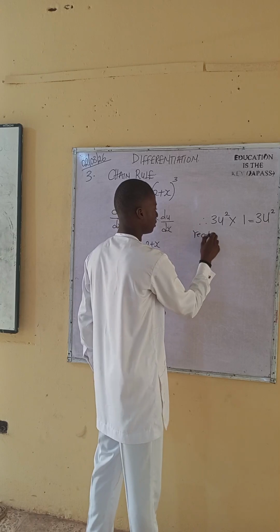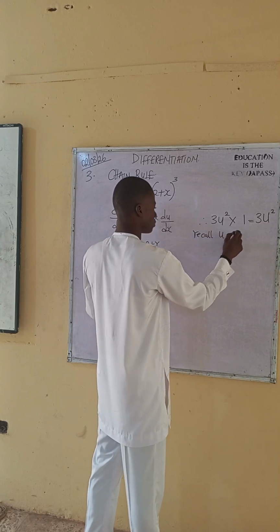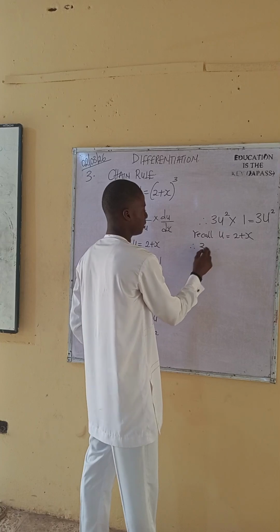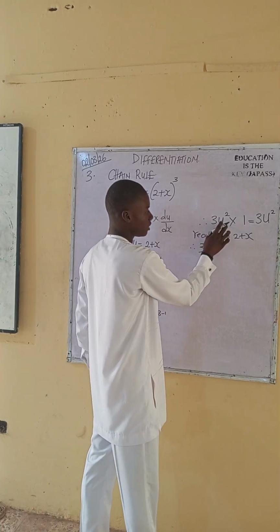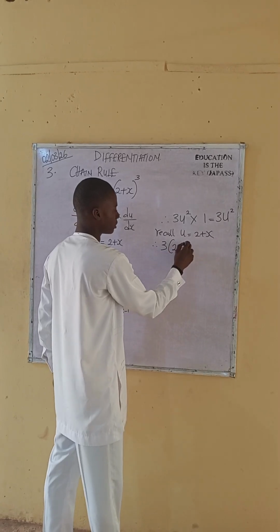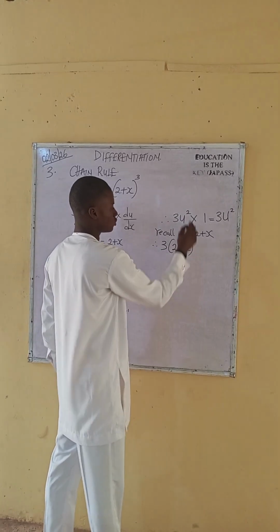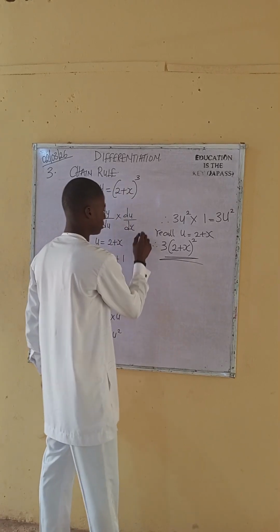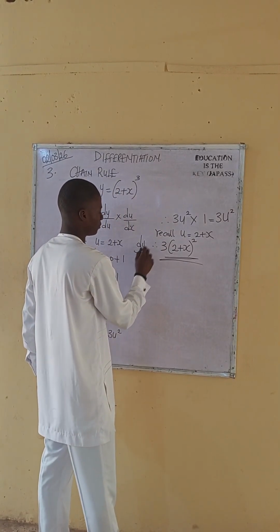Recall, I said that u is equal to 2 plus x. So whenever I see my u now, I put 2 plus x, right? I'm having 3 times 2 plus x raised to power 2. And this is the answer, dy over dx.